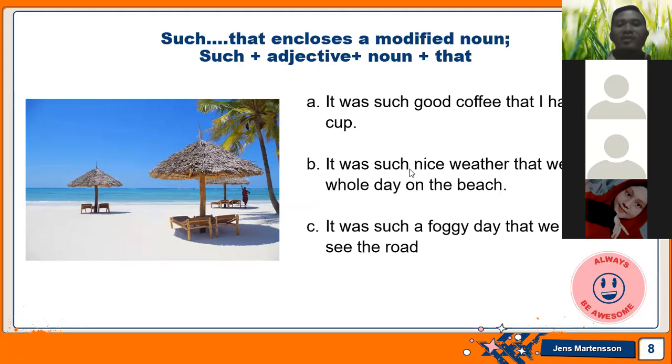B, it was such a nice weather that we spent the whole day on the beach. Is it a correct sentence? Yes, sir. Look at the sentence. Such. What is after such? Adjective. After adjective, noun.